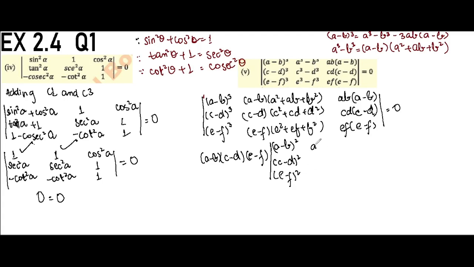Then we have a² + ab + b², c² + cd + d², and e² + ef + f². And we have ab, cd, and ef, and this is equal to 0.